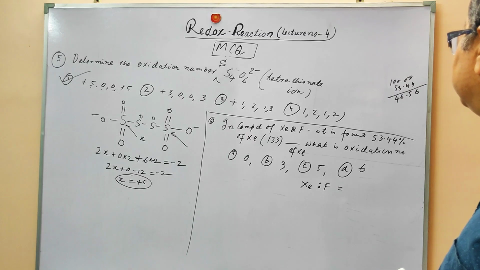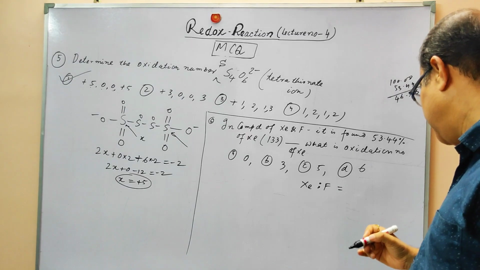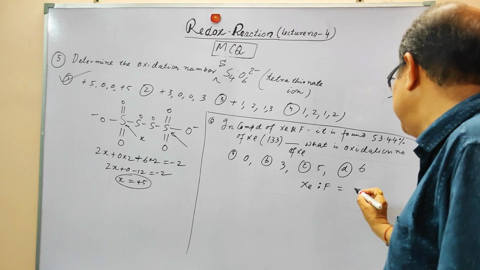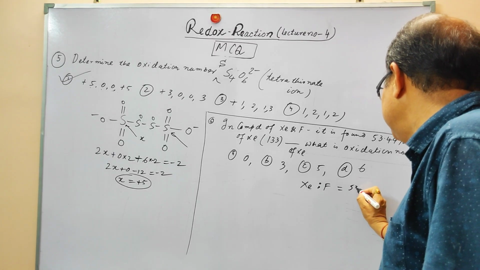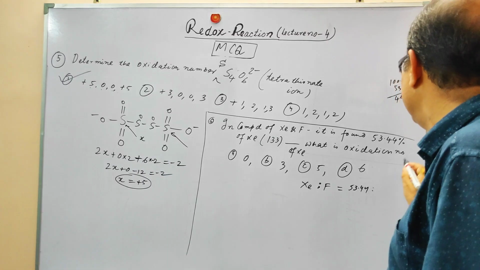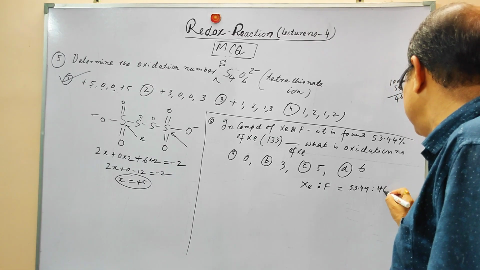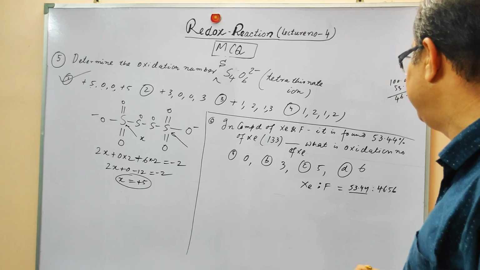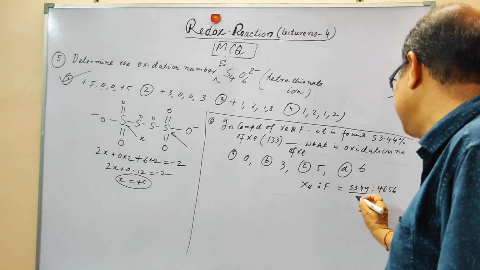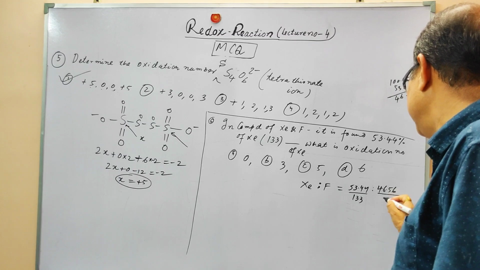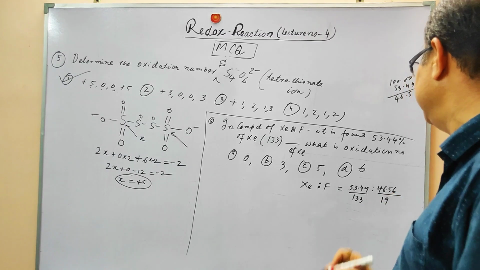This is 46.56, that is the percentage of fluorine. So we can write 53.44 is to 46.56 divided by, you can see that is coming around 133, and divided by 19.